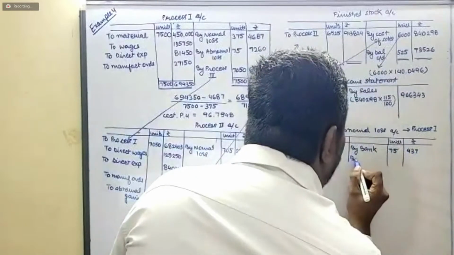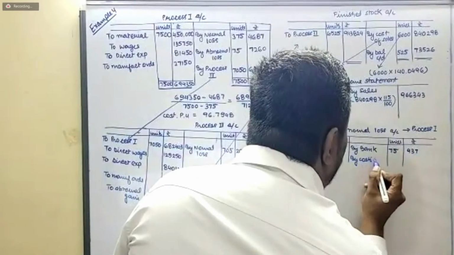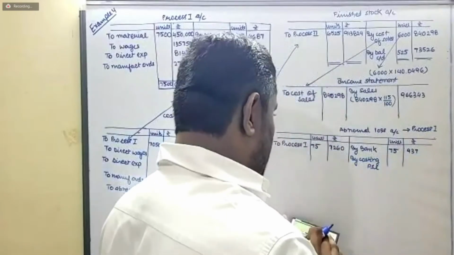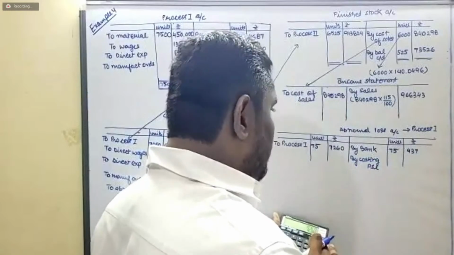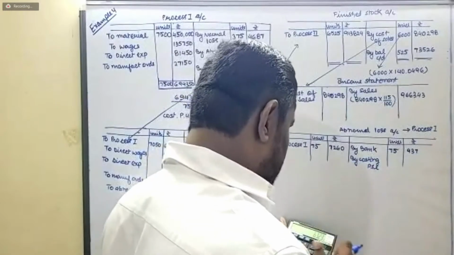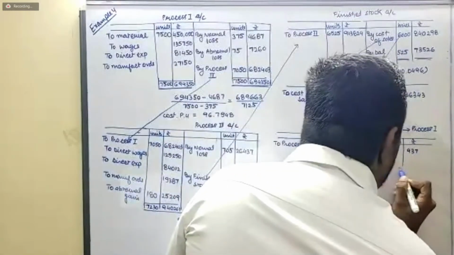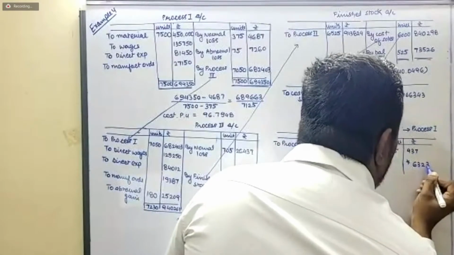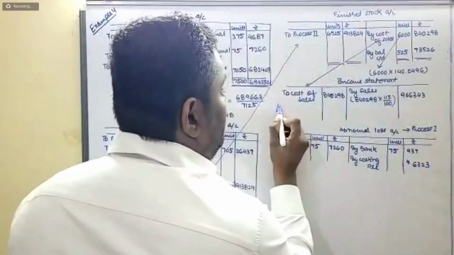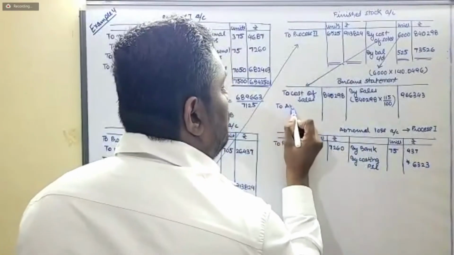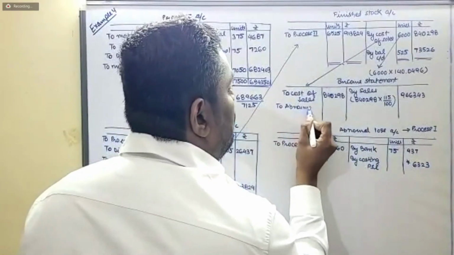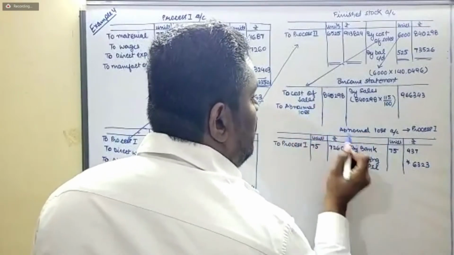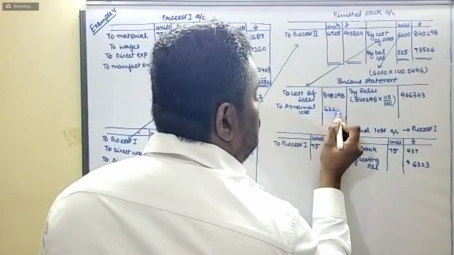And the balance will be transferred to costing P&L. $7,260 minus 937, so 6323. So to abnormal loss, 6323.